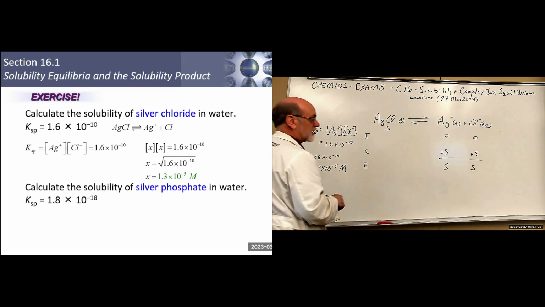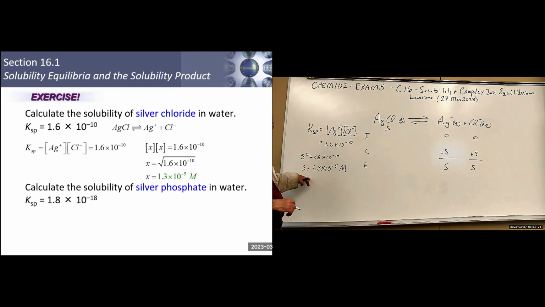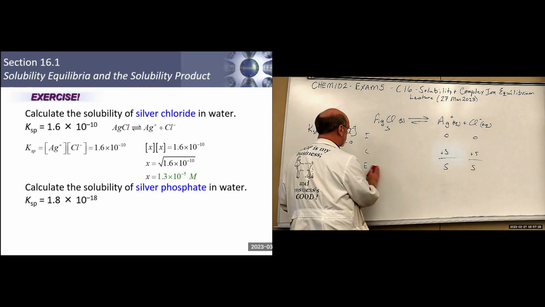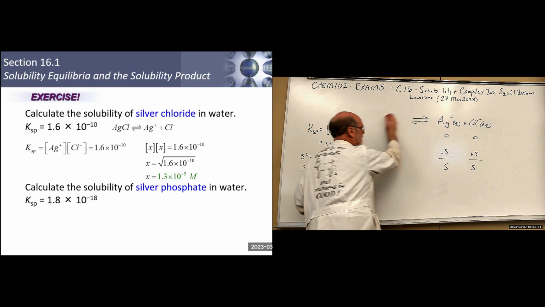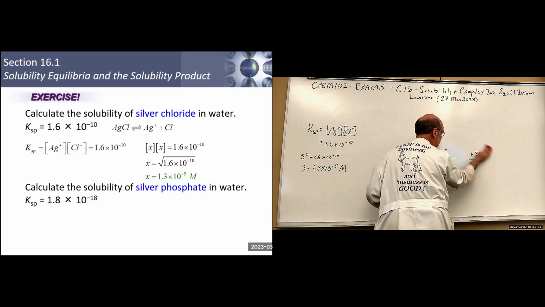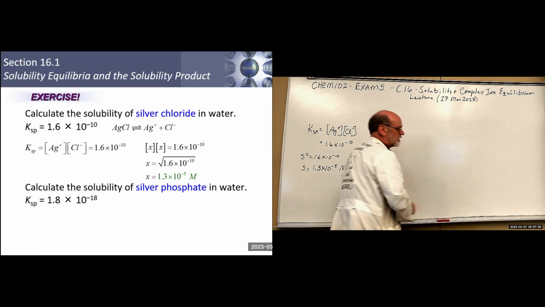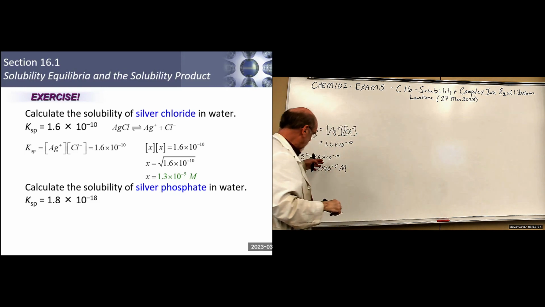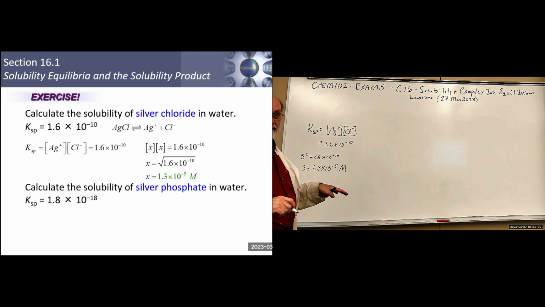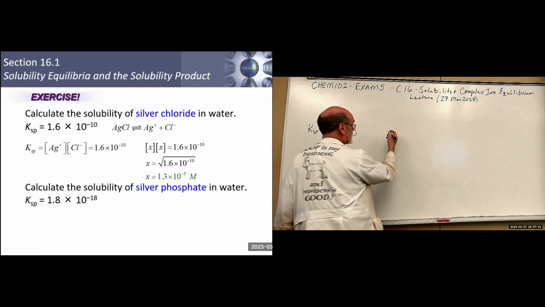Silver phosphate. Now we have a different Ksp for silver phosphate. But will that lead to a higher or a lower solubility? The only way to tell is to do the calculation.